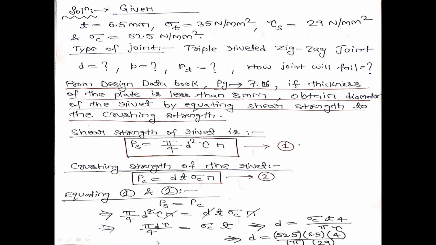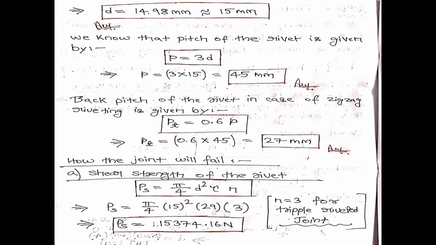Finally your equation is pi by 4 d into tau is equal to sigma c into t, or I can write d is equal to sigma c into t into 4 divided by pi into tau. Sigma c, thickness and tau values are given in the problem. Just substitute all these values in this expression of d. You will get the diameter of the rivet, and that comes out to be about 15 mm. Is it clear how I have found the diameter of the rivet?